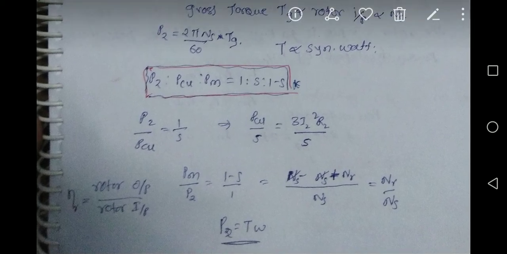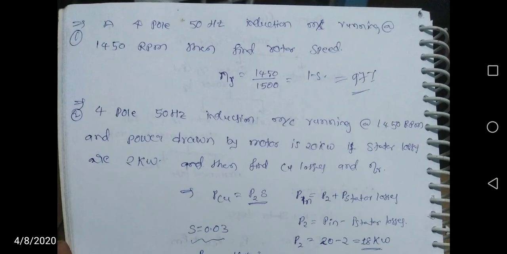P2 equal to T omega. So with those equations, we go for the problems.